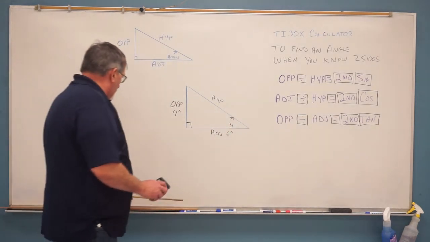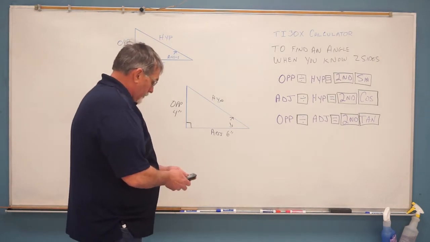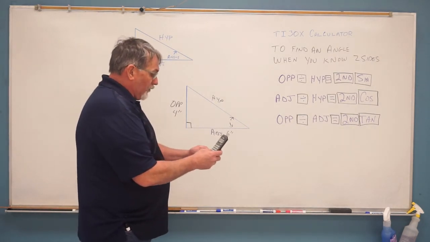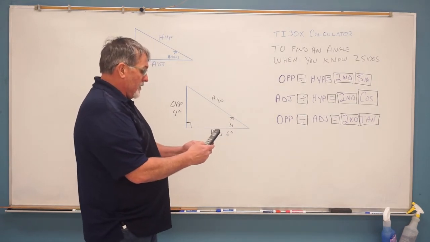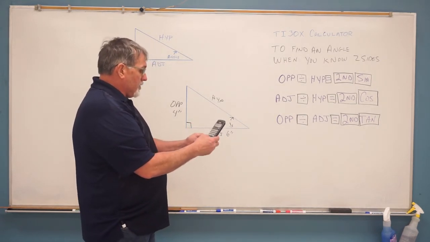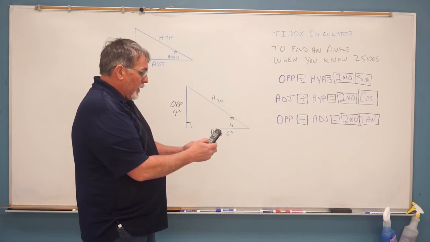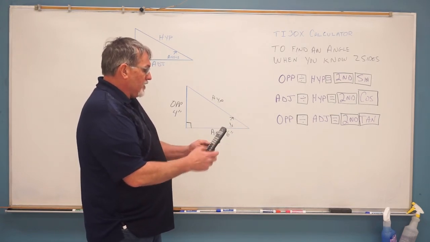So let's do that on our calculator. So the opposite is 4. We're going to divide that by our adjacent, which is 6. We're going to hit equals, the second button, and tangent.